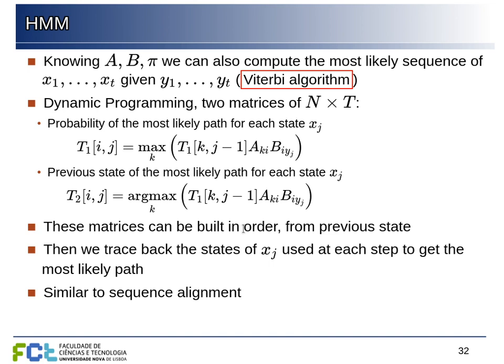So this is something that is similar to what we do in sequence alignment, where we compute these matrices. The difference here is that we are not comparing two sequences, but we are going along the time. So in the vertical, in the different rows, we have our different states, but in the columns, we have our time steps.